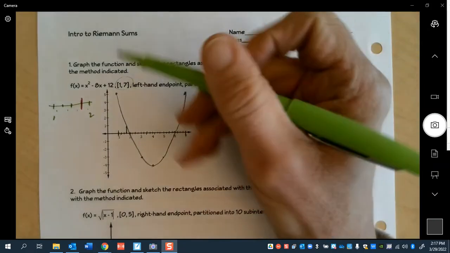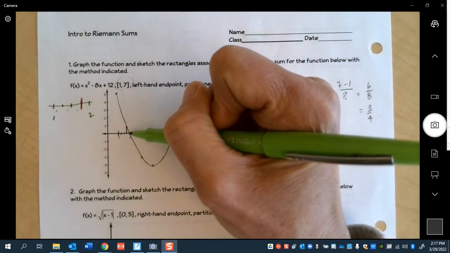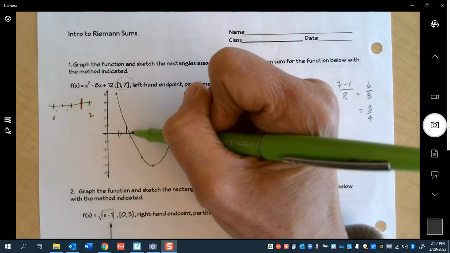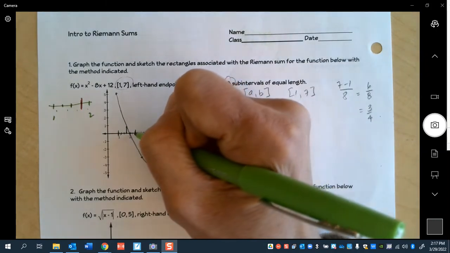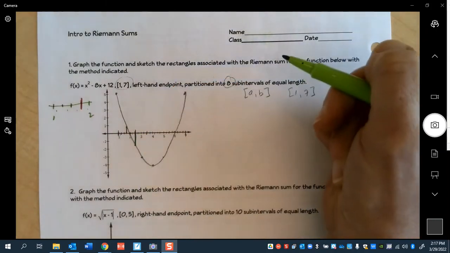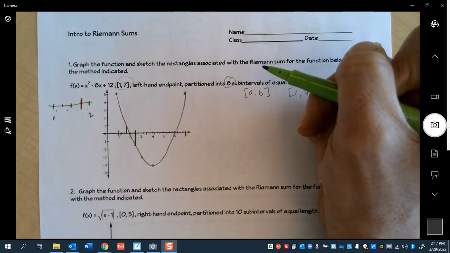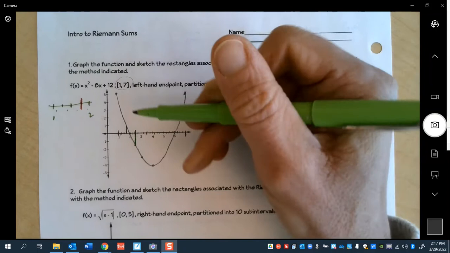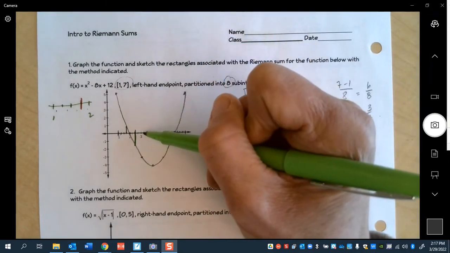So when I count out 3, 1/4 puts me at 2. 2, 3, I'm at 2.5. And now notice I'm going to draw down to where my graph is. Because remember, we're measuring the area under the curve, but if the curve is negative, it's that space between the curve and the axis. So now I'm going to count out 3 more. 1, 2, 3.